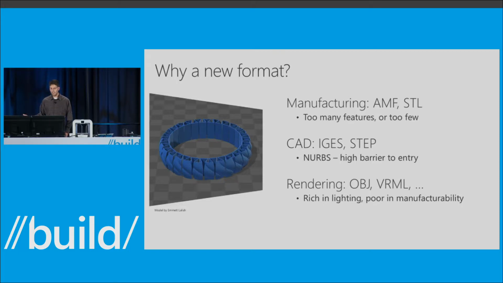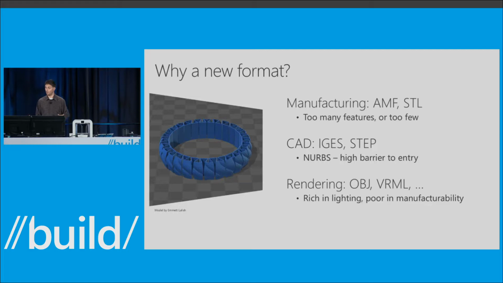So, there are lots of other formats to look at as well. Obviously, manufacturing is not limited to 3D printing, and the rest of the manufacturing world mostly uses CAD. They've got file formats. IGES, STEP are very common, but these are NURBS formats. And let me tell you, non-uniform rational Bezier splines are not for everyone.